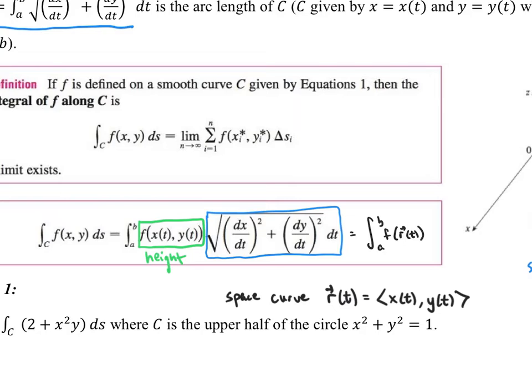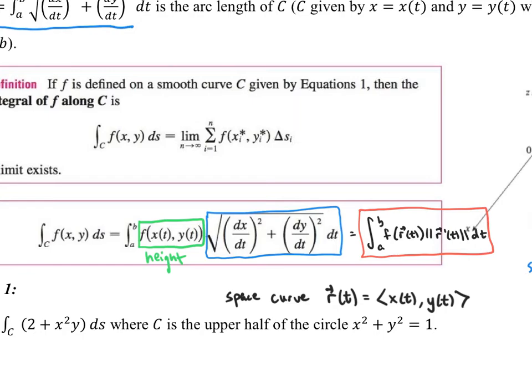So we're going to plug in x of t and y of t, and then multiply by the square root of all of that, which is really just the magnitude of r prime dt. So this, again, is just another way to represent this particular formula, but it might be a little bit easier to remember, and it's a little bit smaller.